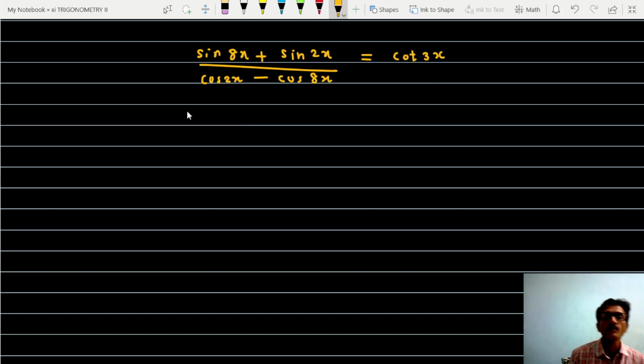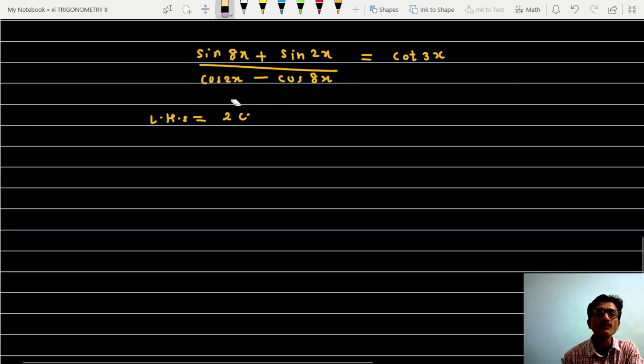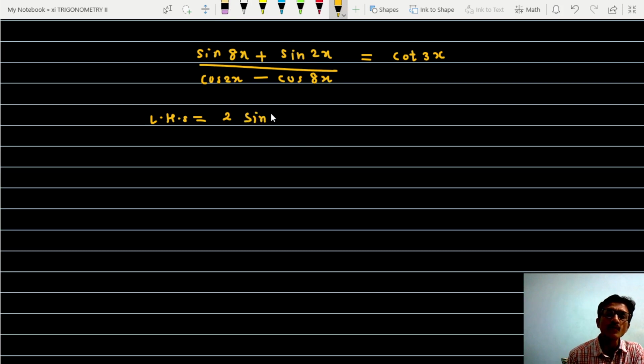So we use here the formula. In the numerator, sin c plus sin d is equal to 2 sin c plus d upon 2 into cos of c minus d upon 2, that is 8x plus 2x upon 2 into cos of 8x minus 2x upon 2.